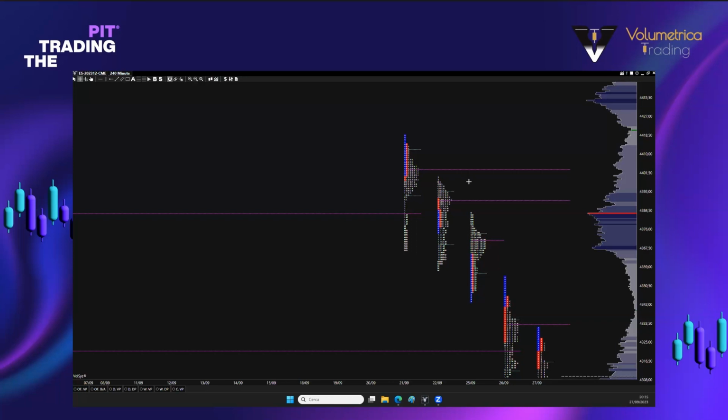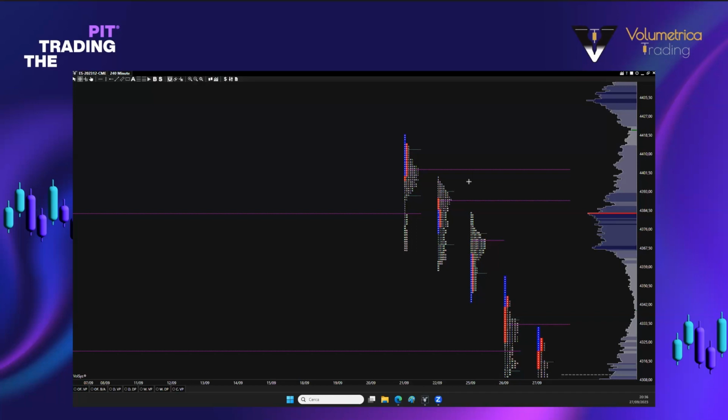Well, another way of looking at market profile is splitting it between ETH and RTH. So looking at a specific profile representing only the ETH session, the one which is less representative in terms of volume, and the RTH, compared to the ETH session.